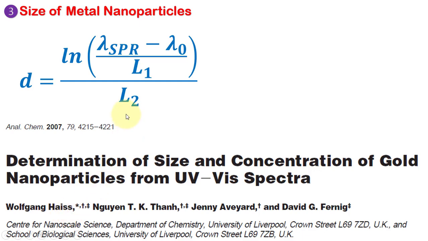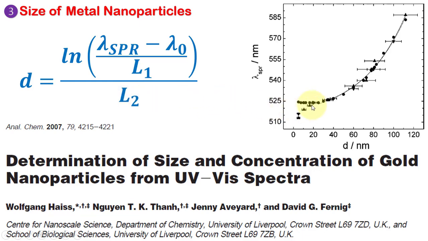I prefer it due to its accuracy because in this equation the two parameters L1 and L2 are adopted from the fitting of the size from transmission electron microscopy versus the one calculated from the absorbance data. L1 and L2 parameters come out to be 6.53 and 0.0216 respectively.